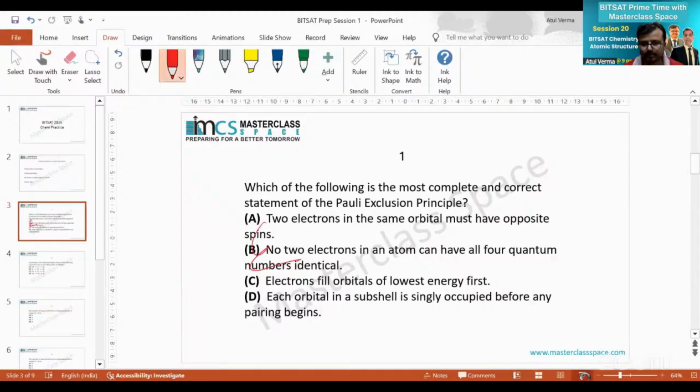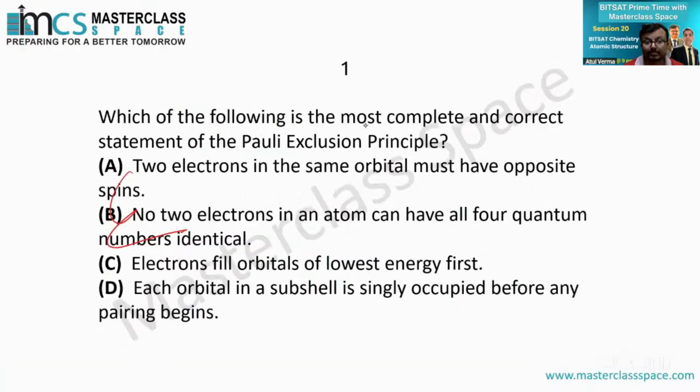So friends, what you need to understand here is they are asking you about the most complete and correct statement of Pauli's exclusion principle. The thing is, many of you might feel that because in a given orbital, the way you have seen, electrons are like this, Pauli's exclusion principle might be about having opposite spin of electrons. And many of you might go ahead and write A as the tentative answer.